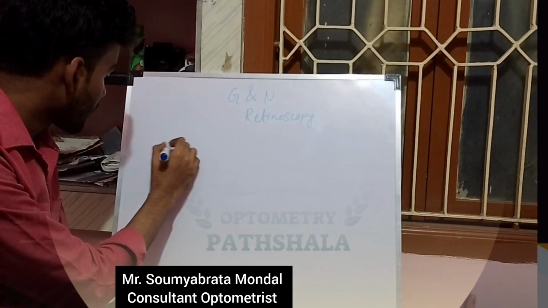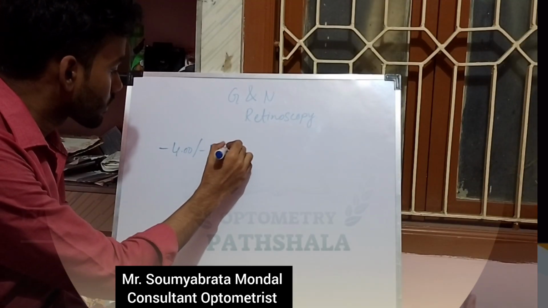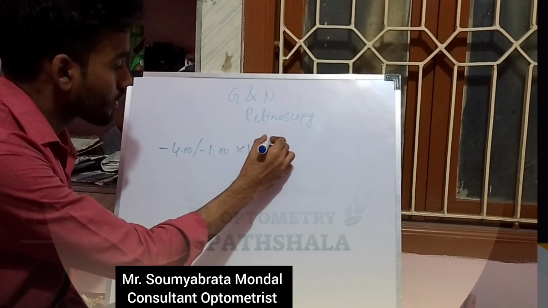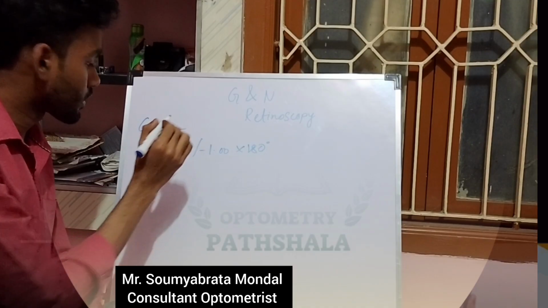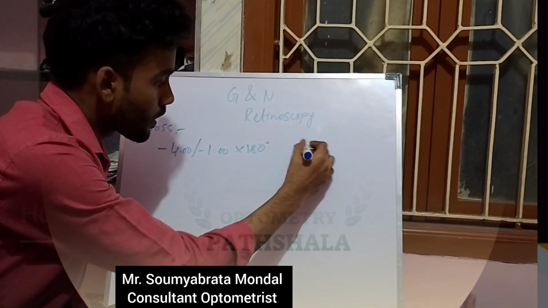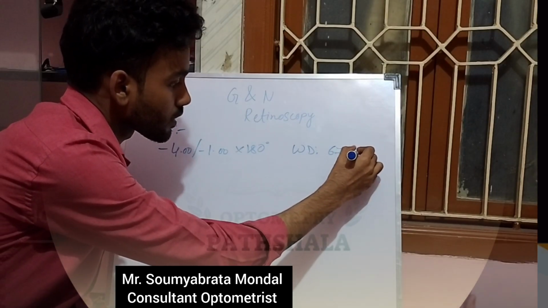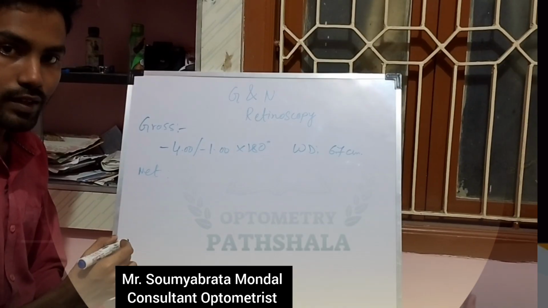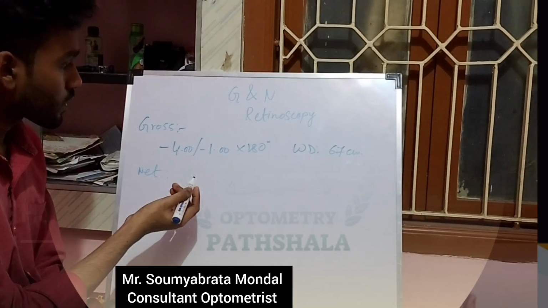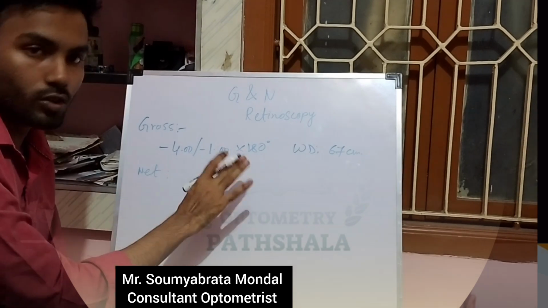-4 with -1 at 180 degree, it is the gross retinoscopic value, where the working distance is 67 centimeter. So what will be the net retinoscopic value? The net retinoscopic value means you have to reduce the working distance from the gross value.